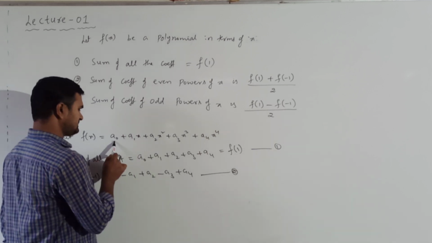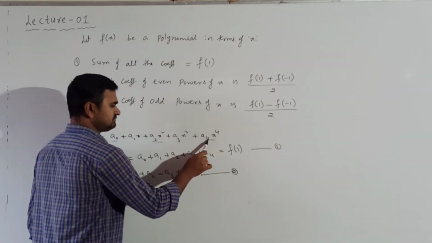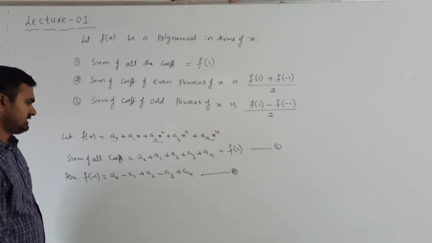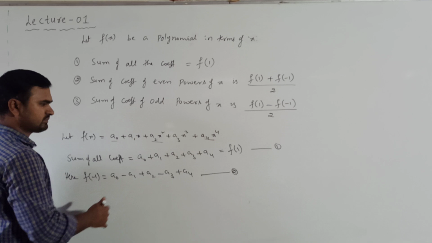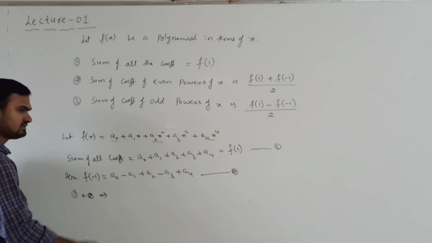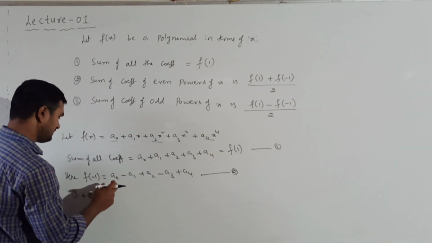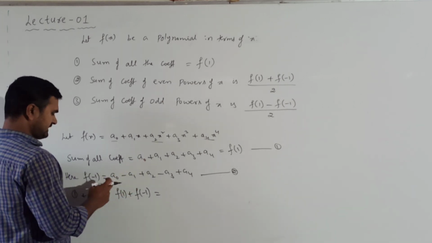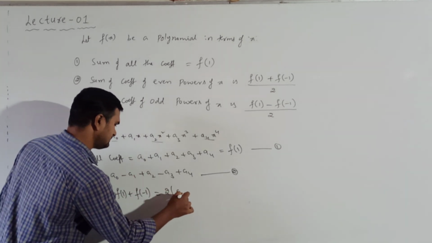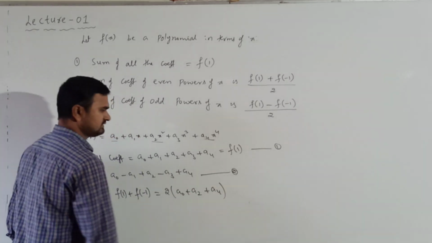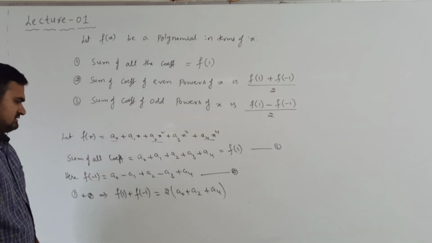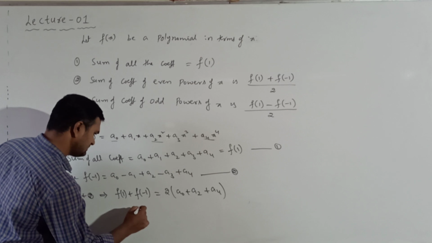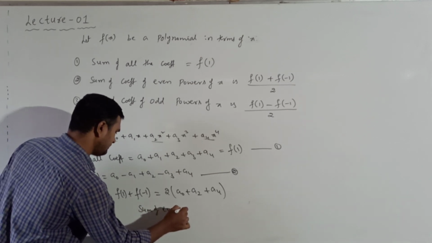Now we are interested in finding the sum of coefficients of even powers, that is a0, a2, a4. So to eliminate the odd powers of x, observe these two. If I add these two, f of 1 plus f of minus 1 is 2 times a0, a1 is cancelled, plus 2 times a2, plus 2 times a4, a3 is cancelled. So dividing by 2, what we get is a0, a2, a4, which is the sum of coefficients of even powers of x.